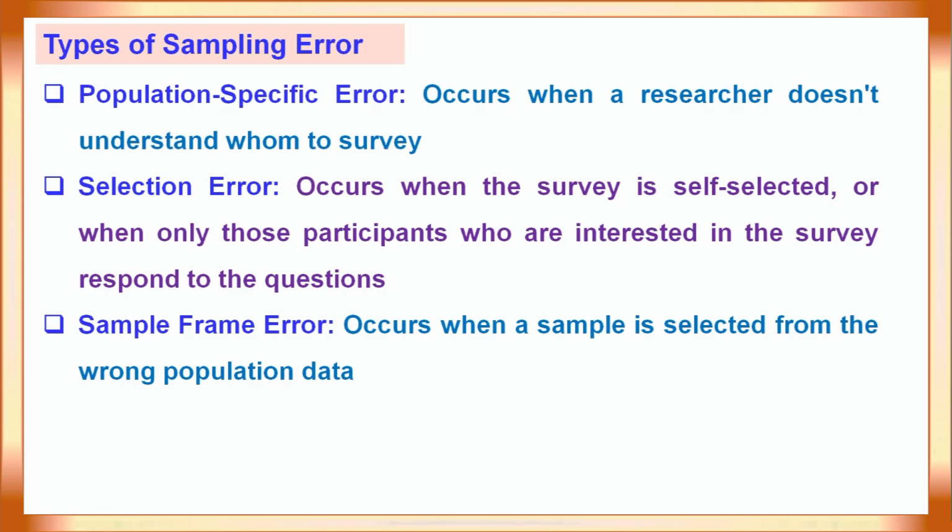So, what is population specific error? Population specific error occurs when the researcher does not understand whom to survey. It will be clearer if we take an example. Let us assume that you are conducting a study to know about the clothing pattern of children or kids. In this case, who will be your respondent?